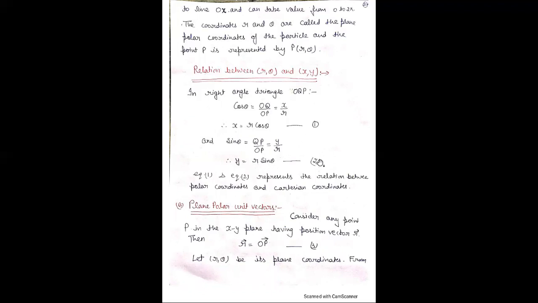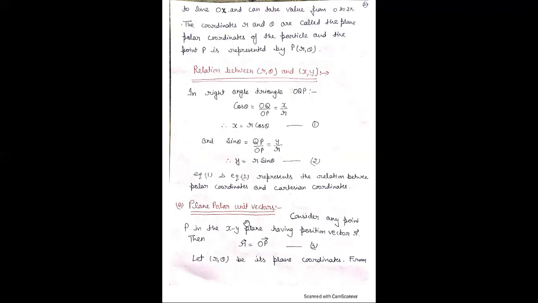These two equations, 1 and 2, represent the relation between polar and Cartesian coordinates, because x is Cartesian and relates with polar angle theta and radial distance r. Also y is a Cartesian coordinate, and it is also connected with radial distance r and theta.